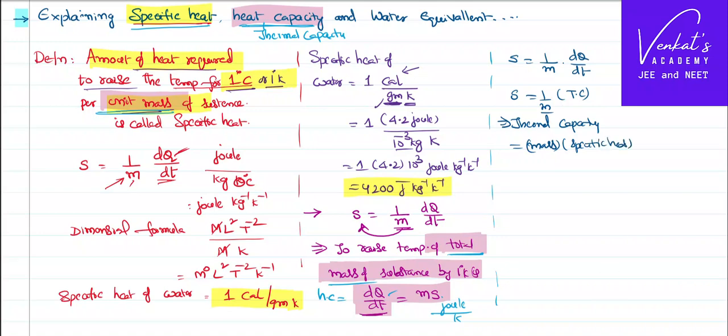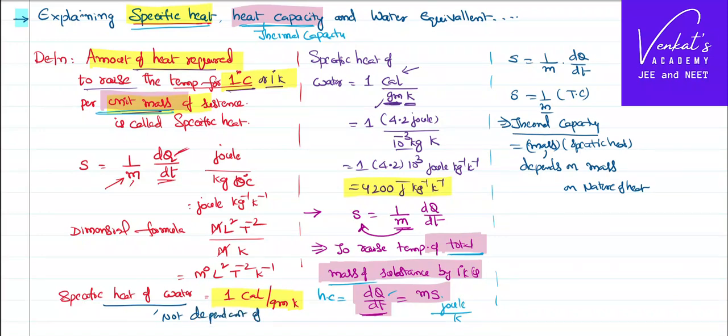So it is obvious that thermal capacity depends on the mass of that particular material, and of course also on the nature of the material, that is, how much heat it takes. Whereas specific heat is not dependent on mass because there is no mass term there. That's the difference between specific heat and heat capacity.